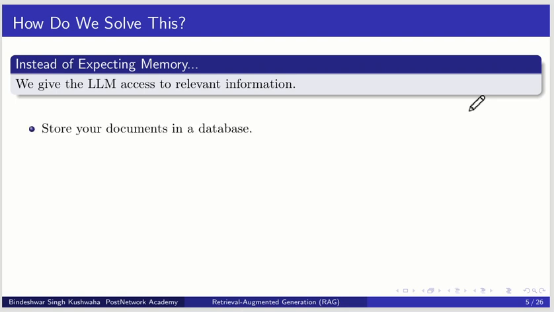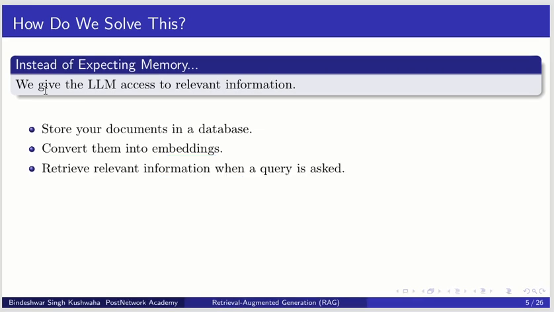Store your documents in a database and convert them into embeddings. So basically, embedding is a vector representation of words, and that is very important in large language models as well as in RAG and Agentic AI.